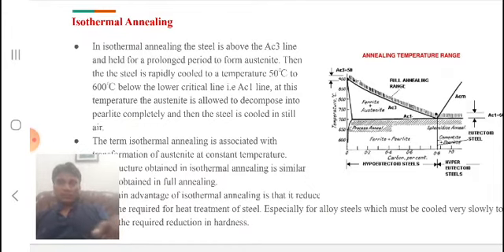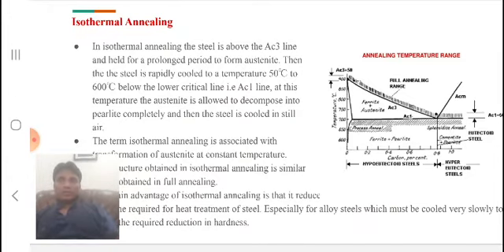Depending upon the requirement of the microstructure, we will hold the steel at that particular corresponding temperature and allow the entire austenite to decompose or transform.